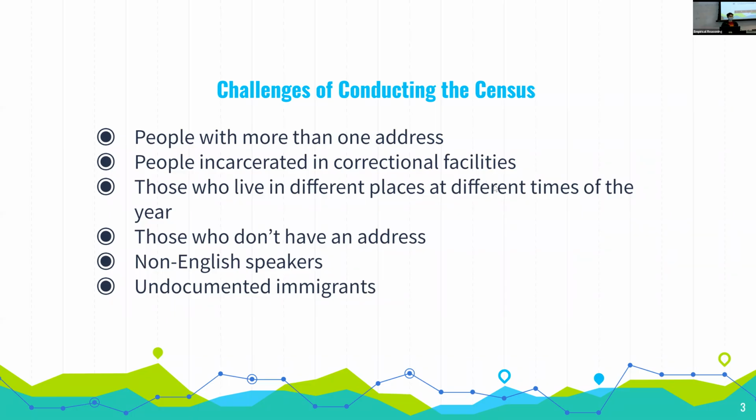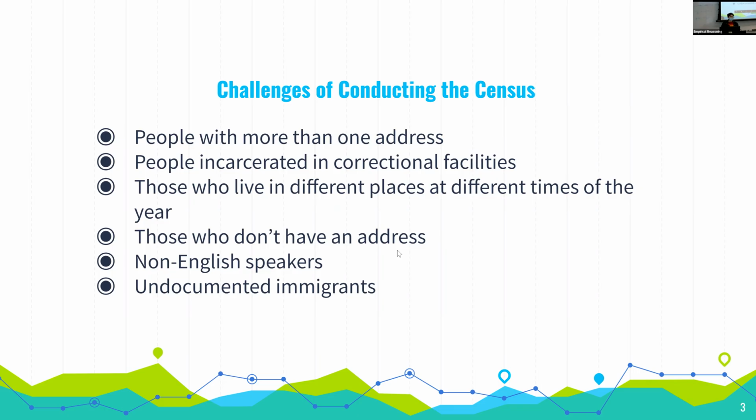So some challenges of conducting the census that we want to be aware of. There are people who have more than one address, people incarcerated in correctional facilities. So people might be listed in the location of the correctional facility and not in their home location. And people who live in different addresses at different times of the year, or those who don't have an address, like unhoused individuals.